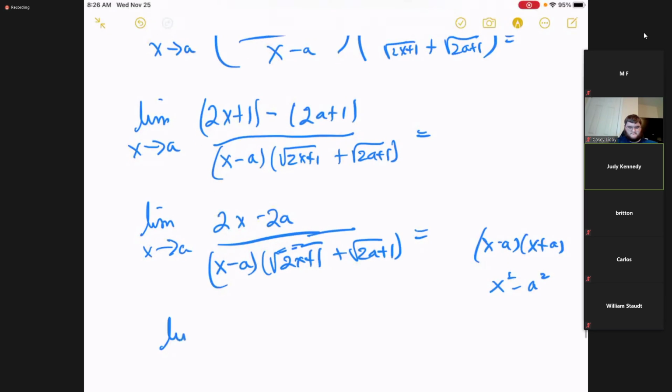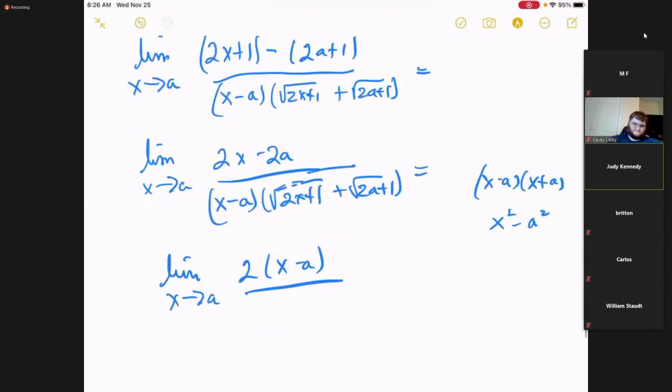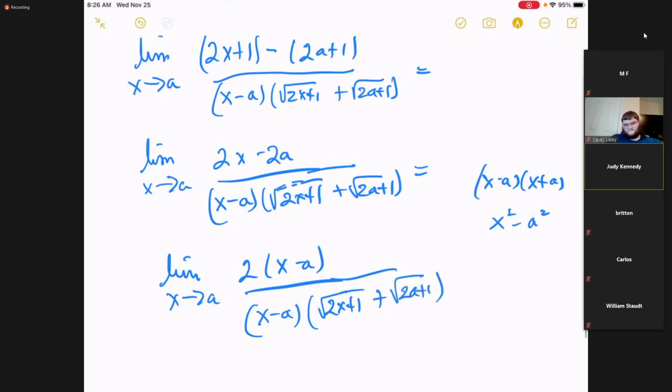Okay, so this is the limit as x approaches a of 2 times x minus a over x minus a. And now the x minus a's will cancel out.